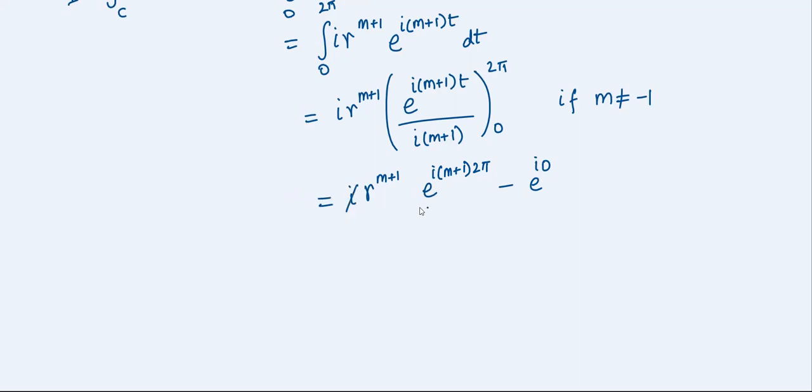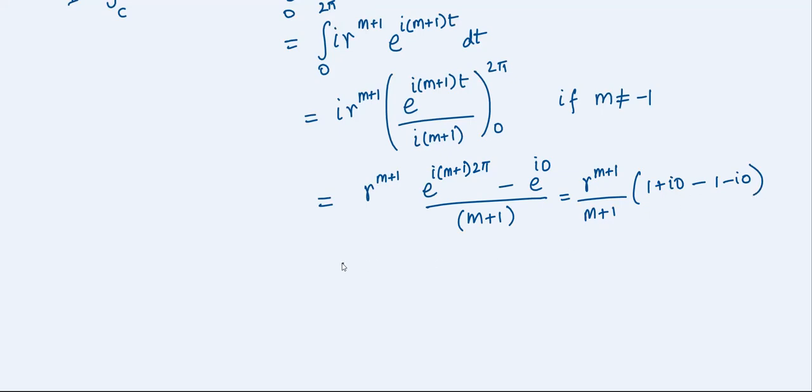The i cancels anyway. Now R power m plus 1 by m plus 1 times cos 2 pi is 1 plus i sin 0, minus 1 minus i 0.